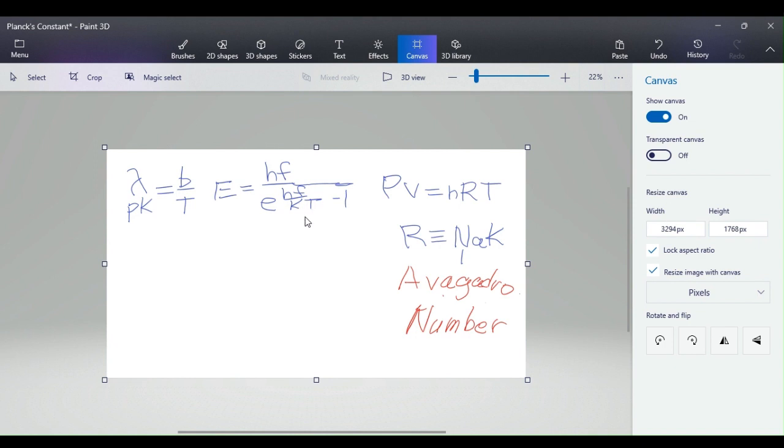So let me just summarize this in a really rough way. The ideas that came out of this formula, which seems kind of wild, is that it came from the study of energies in a gas.